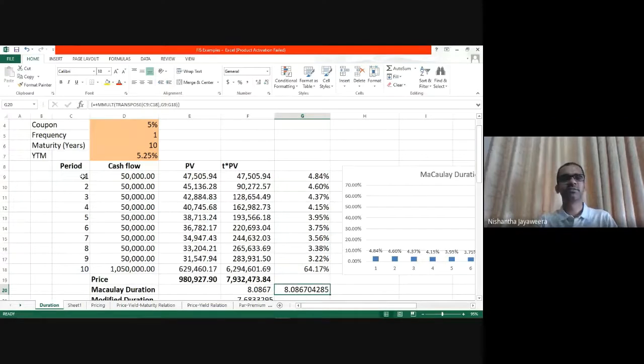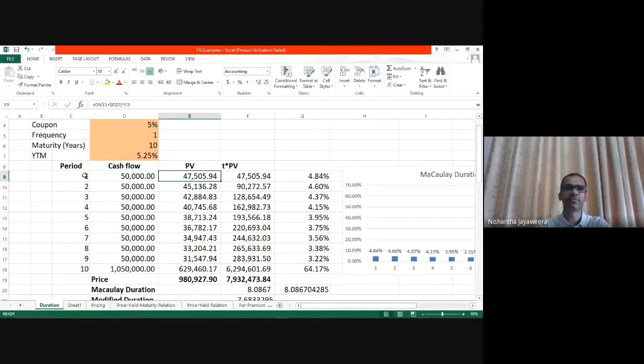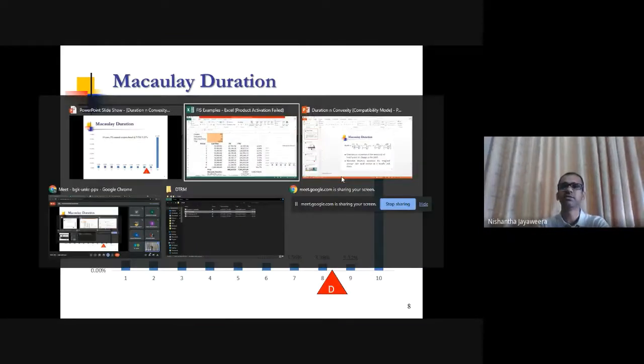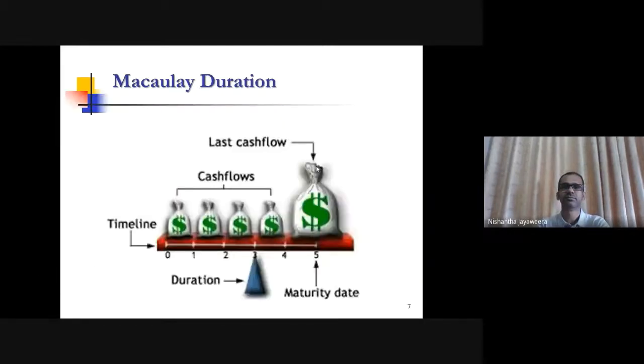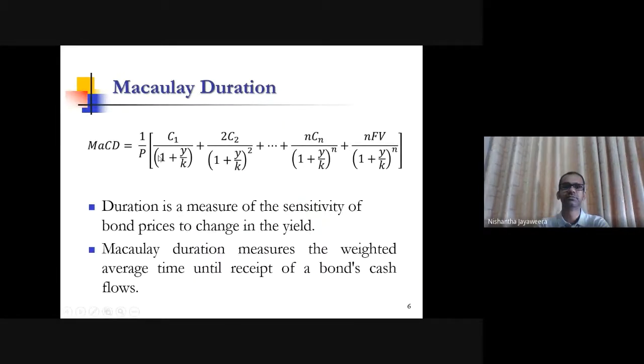What I did was multiply this figure by this by this, and add them together. But instead, previously I calculated the present value, then present value times period. So then you get, in this equation, this part: time into present value of the cash flow.